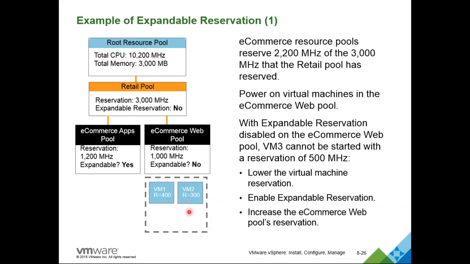This is one of the disadvantages when you disable expandable reservation on your child pool. In that scenario, you have two options: either enable expandable, or decrease the reservation on your virtual machines. Then you can provision a new virtual machine with 500 megahertz.